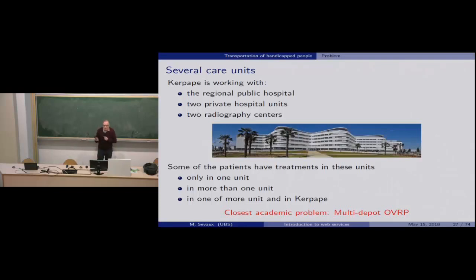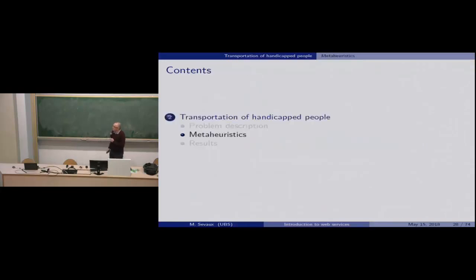And some of the patients have treatment in these units. So you need to organize also the transportation of these patients to these units. So it's not only one unit. It can be one or more than one unit in CarePap. So the closest academic problem that we would like to solve is the multi-depot open VRP problem. And this is what we have done.